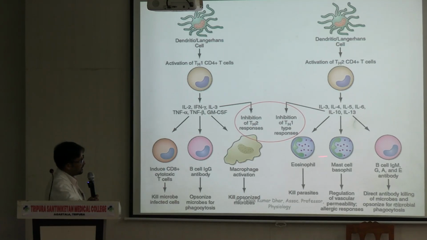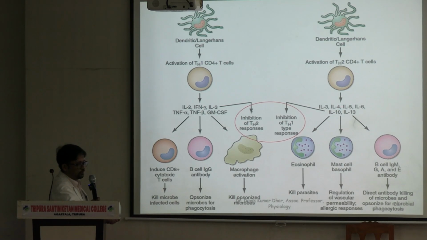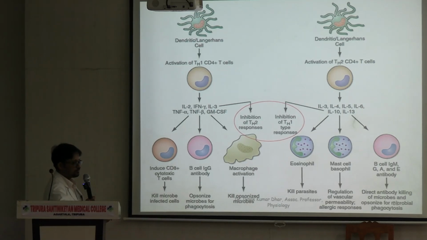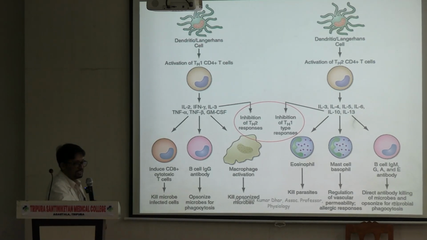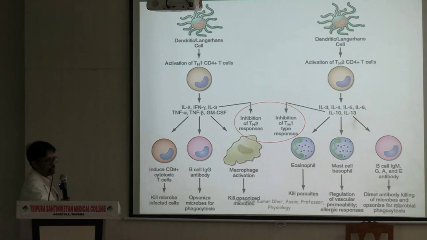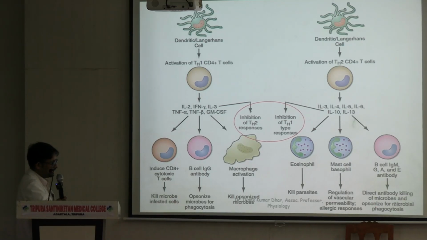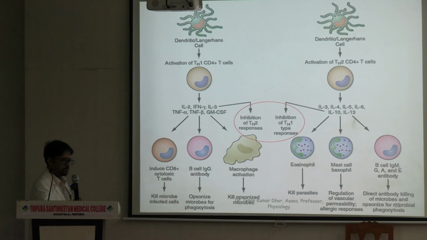If this is the cytokine environment, IL-3, 4, 5, 6, 10, 13, you can actually write down some of this. IL-3, 4, 5, same interleukins, these are for TH2. So if this is the case, TH2 response will be selected, right? And TH2, when it is formed, will increase the activity of the humoral response. It will help the activity of the B cell.